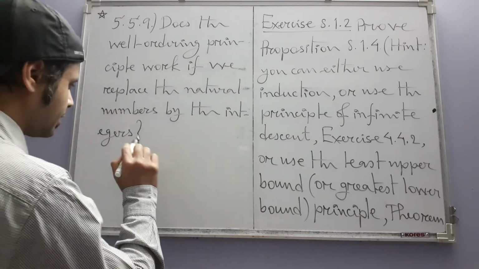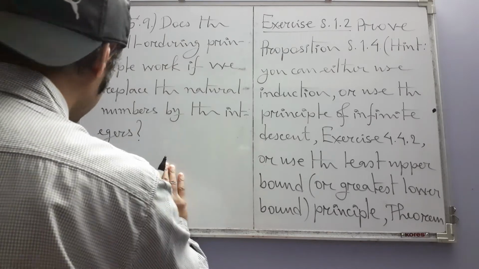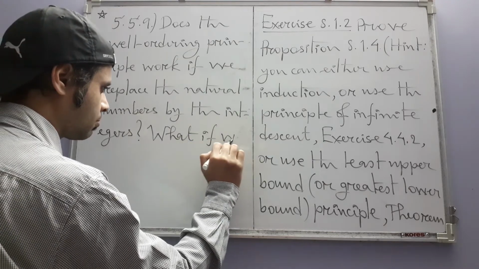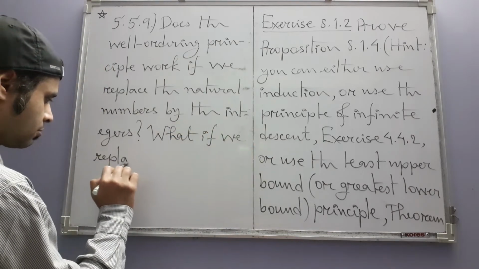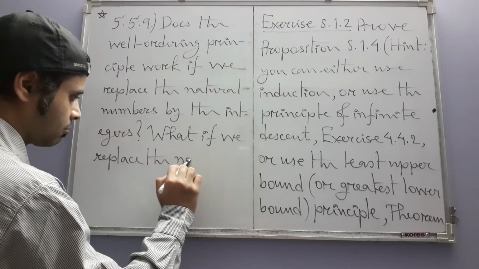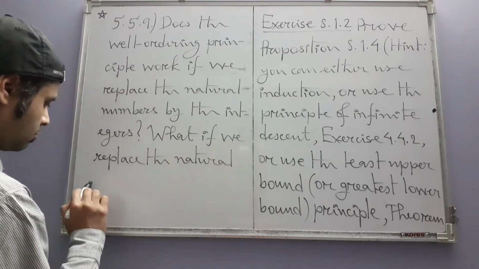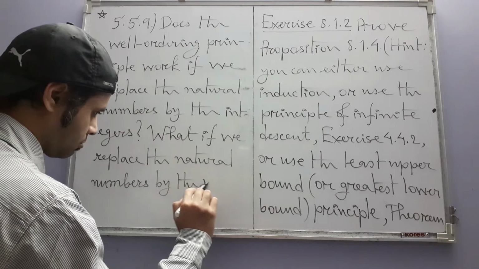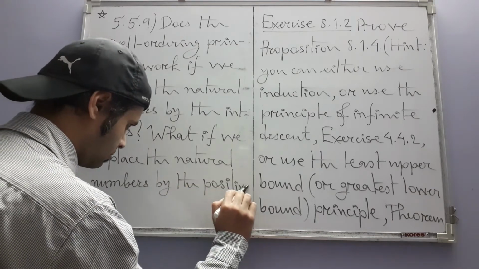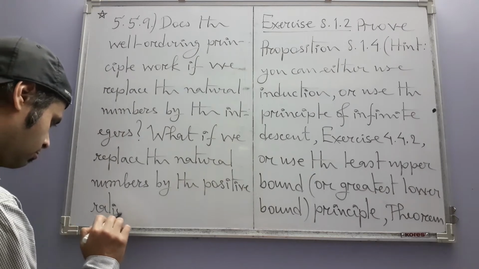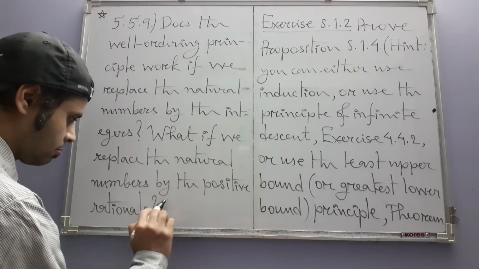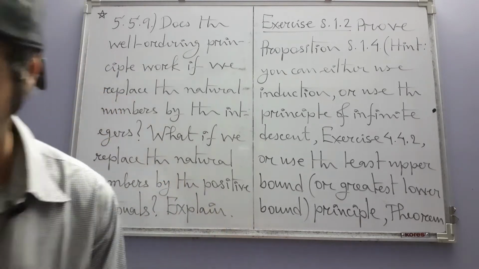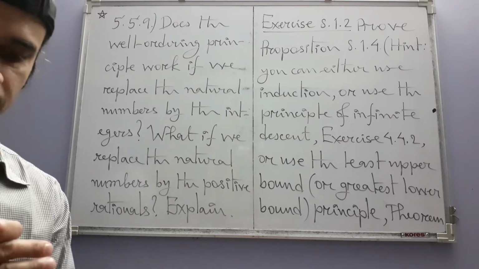What if we replace the natural numbers by the positive rationals? Explain. Oh, it took up the whole space. Now before I do anything else, let me refill.